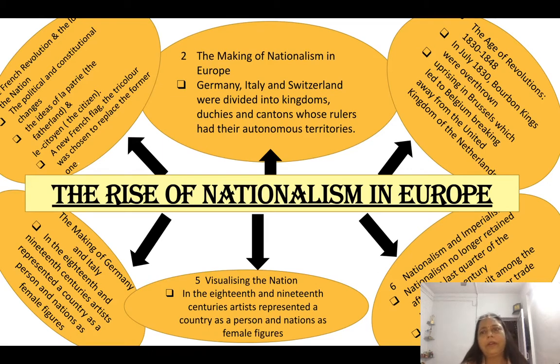Their power was challenged by the revolutionaries, and here in this point you study the romantic imagination and the national flag.